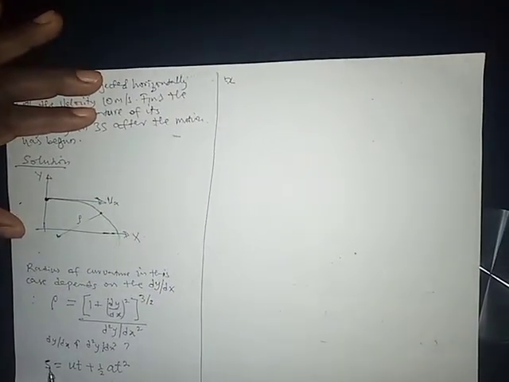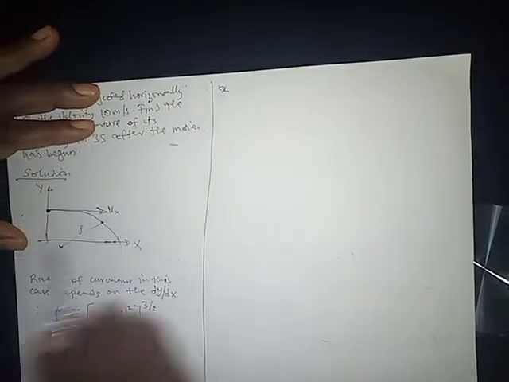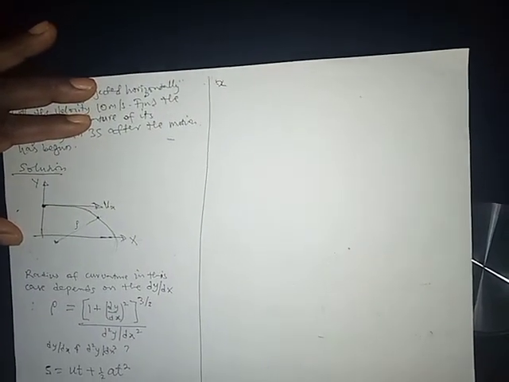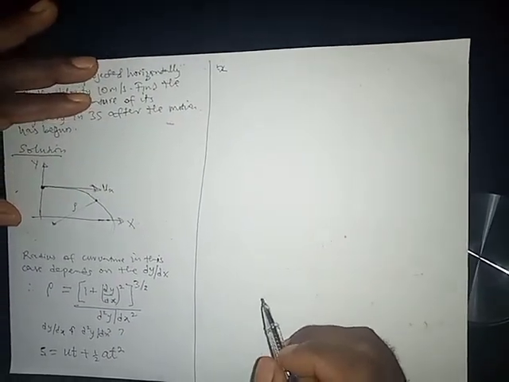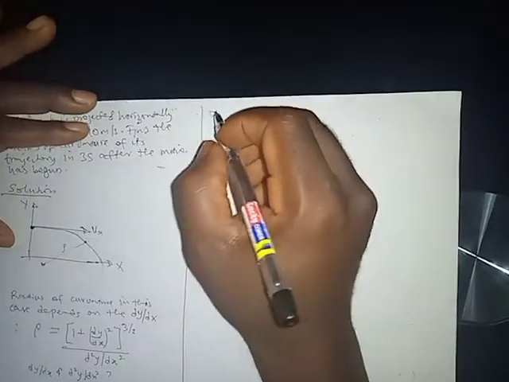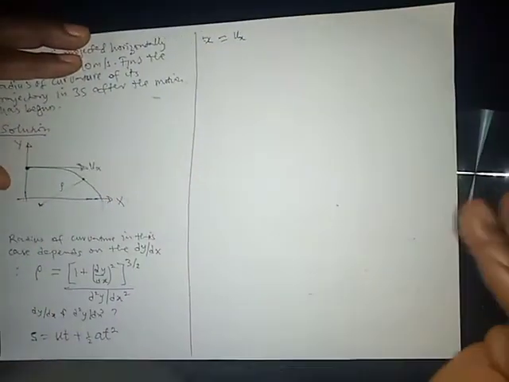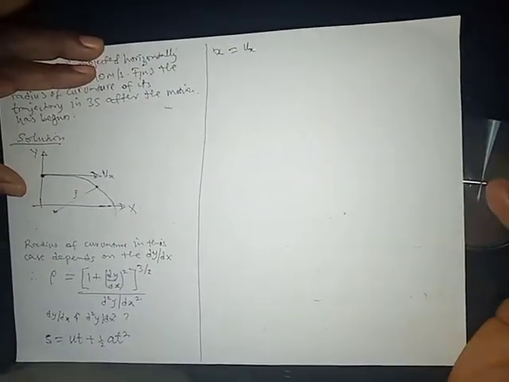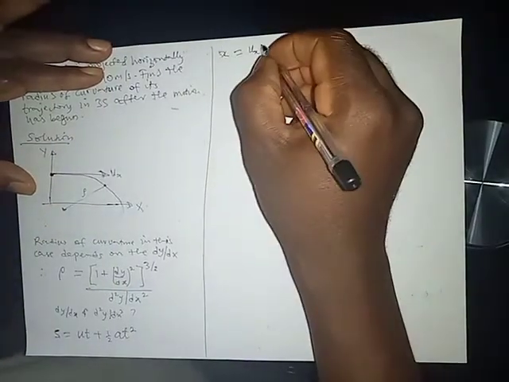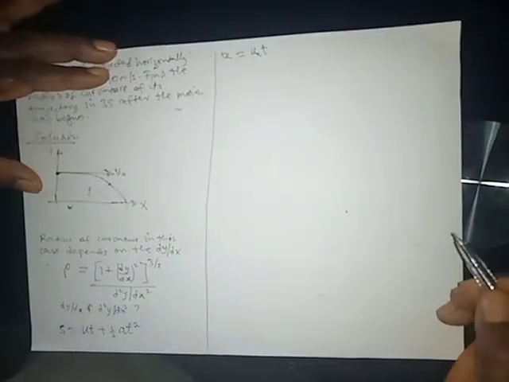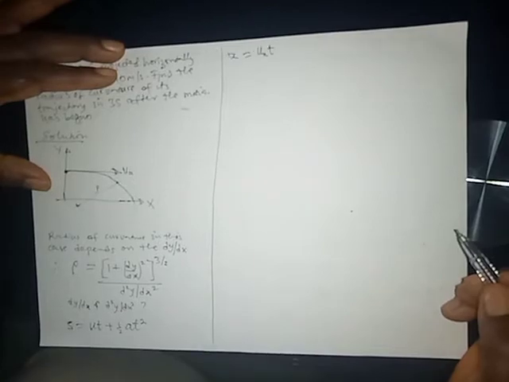So this s is now x when we consider the horizontal distance, and u is the initial velocity, absolutely along the horizontal, so it's ux, multiplied by time t.